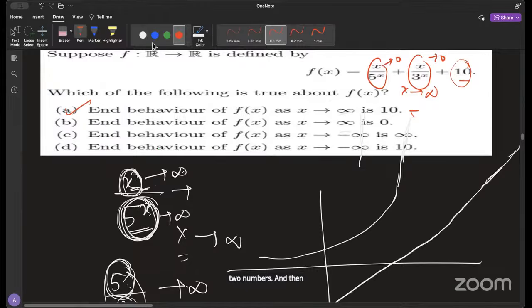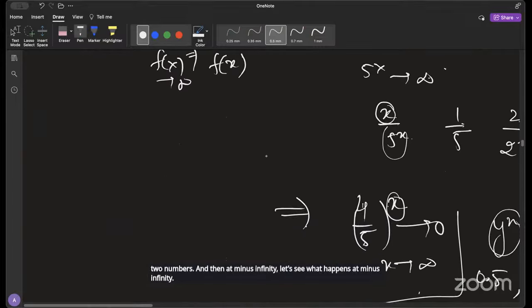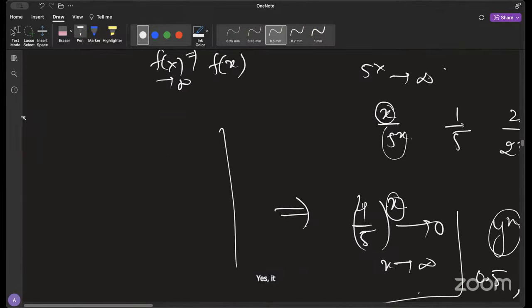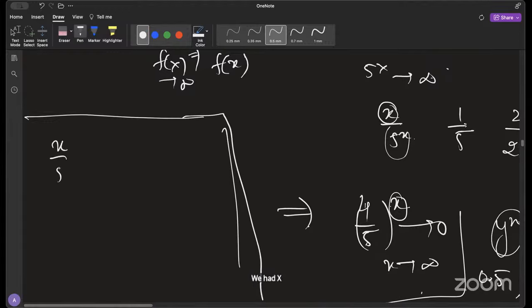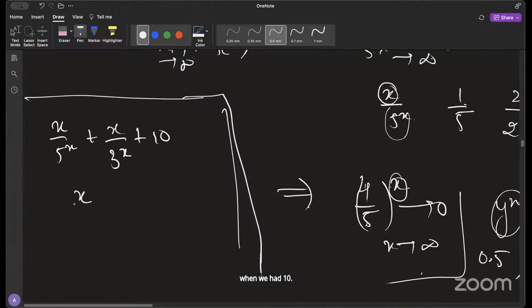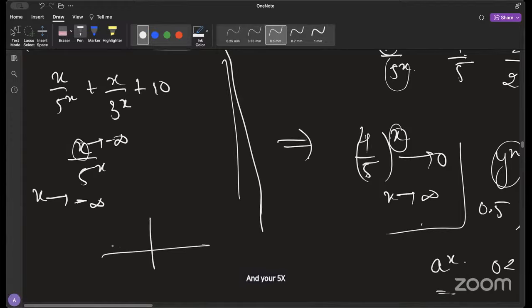And then let's see what happens at minus infinity. We had x by 5^x and x by 3^x, I guess. And then we had 10. So your x by 5^x, as x tends to minus infinity, the graph of 5^x looks like this, right?